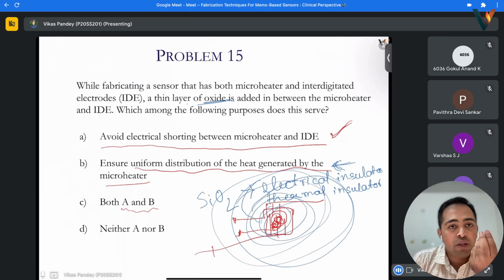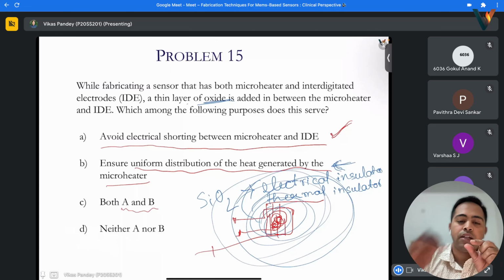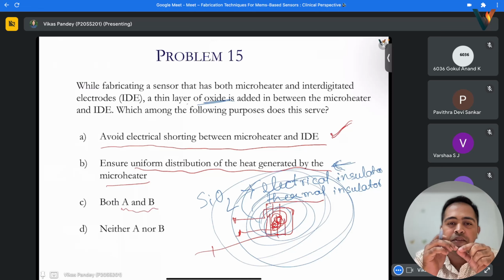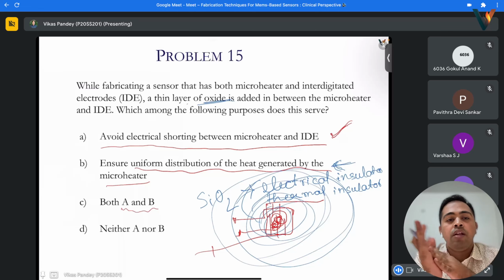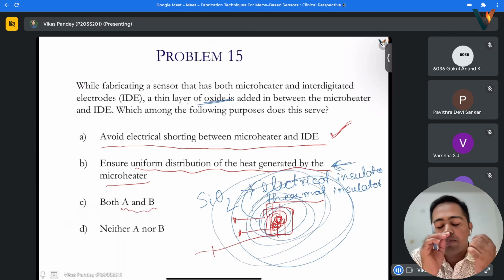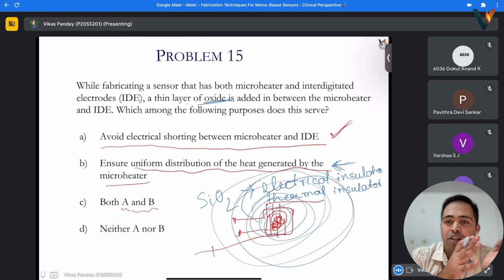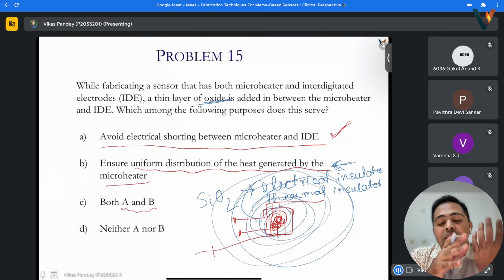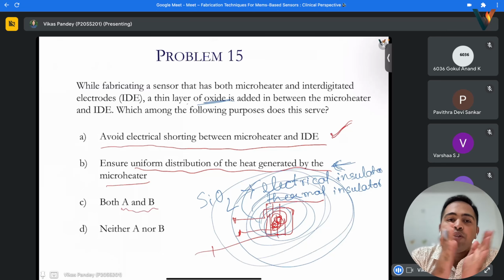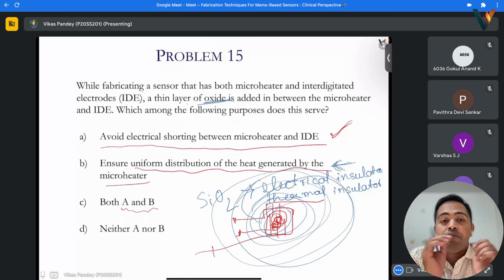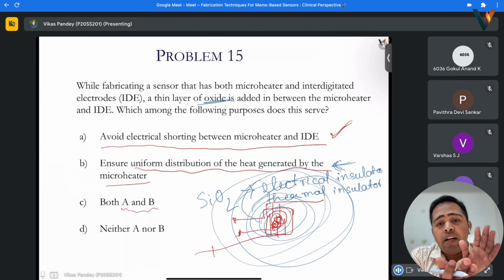We want localized heat. In case of sensors, we generally want that area should only get heated, not the whole area. And sometimes uniform distribution is not needed. Generally SiO2 is not used for any kind of heat distribution, but for isolation of the microheater and ID patterns.